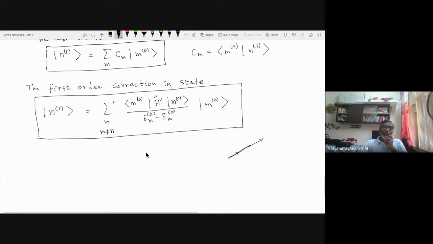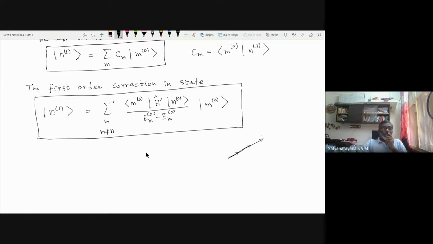For all of them, the unit vector is the same. Normalized eigenvectors are like unit vectors, so we are not going to get any addition if we put in the N0 direction. We would like to know the change because of other states which are not along N0, and that is why M not equal to N is important here.